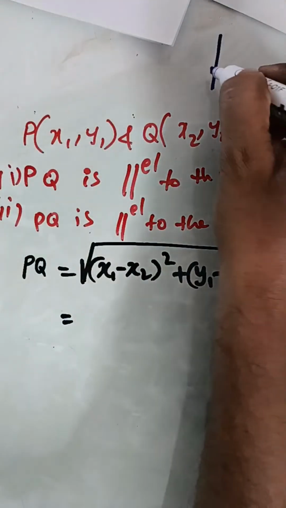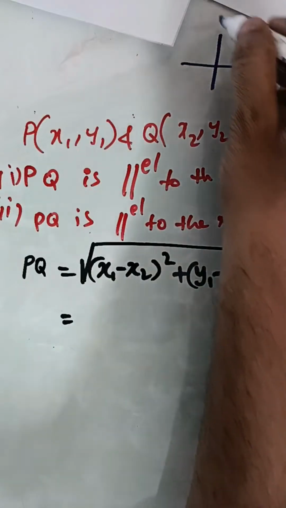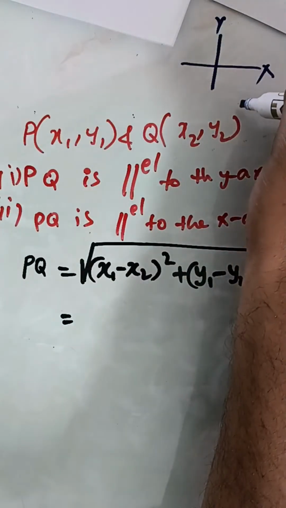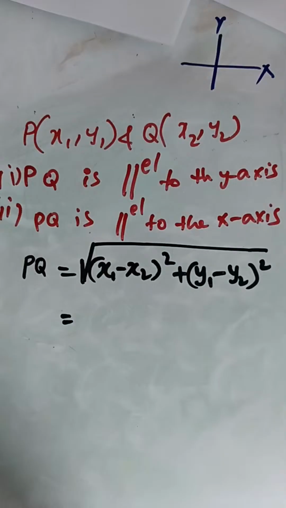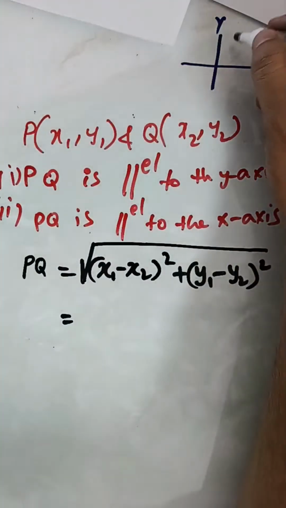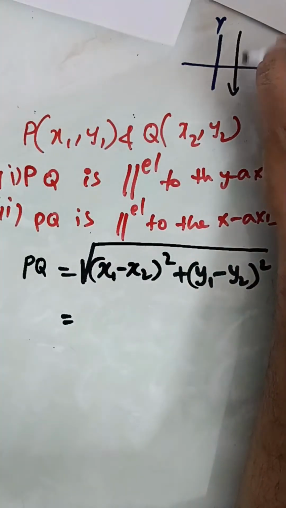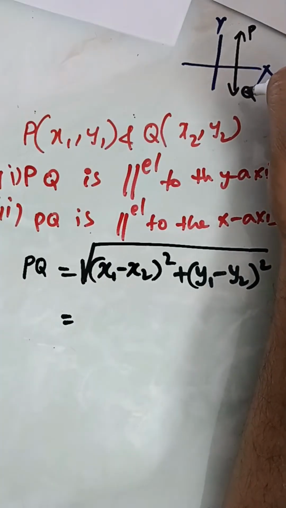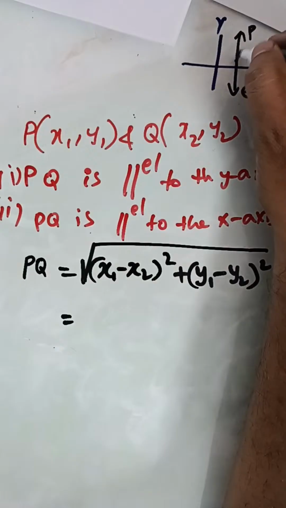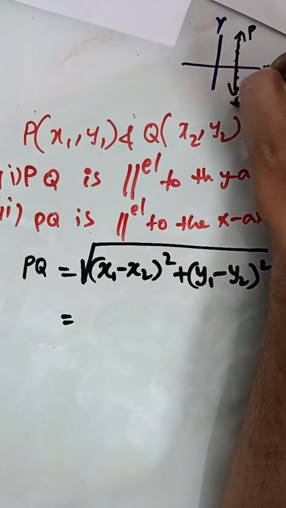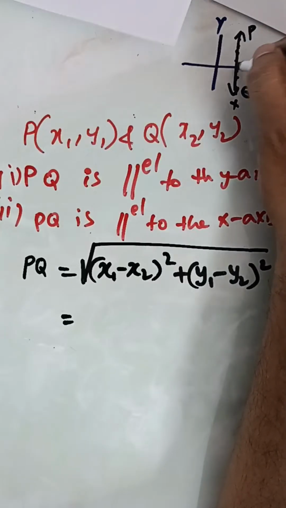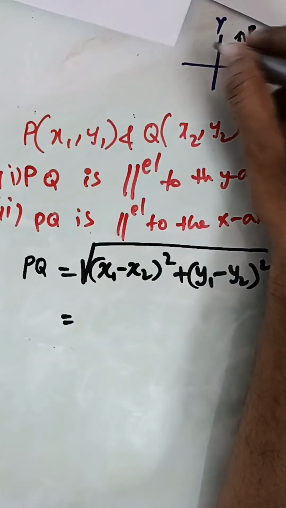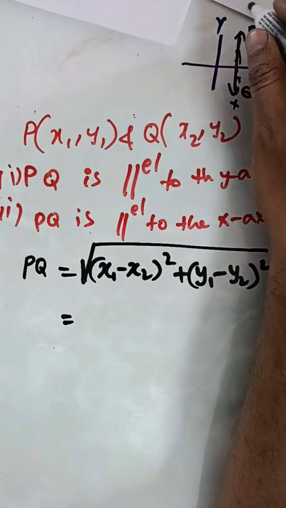If the graph is like this, this is the y-axis, this is the x-axis. What he said, when the line PQ is parallel to the y-axis, then all the points on it have the same x values. The y is different, but all the x are the same.